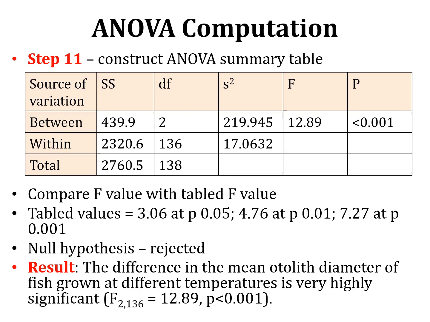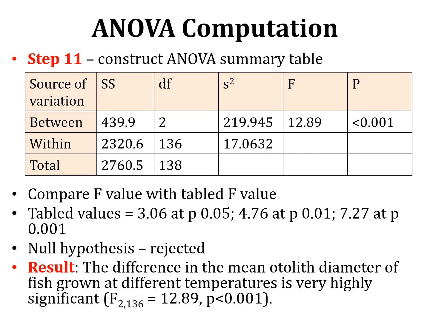These degrees of freedom are mentioned along with the value of F whenever we are reporting the results of ANOVA. So this is another exercise that we have done for the calculation of ANOVA, and this is the simplest form of ANOVA, which is the one-way ANOVA, in which we have one nominal variable and one measurement variable. The nominal variable in this case was different temperature treatments.